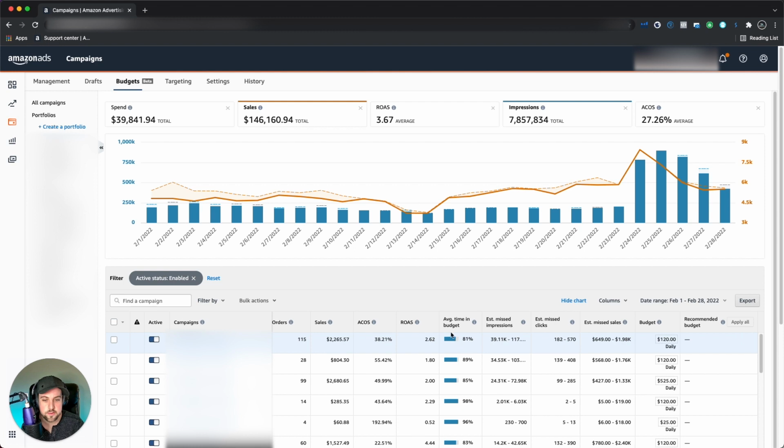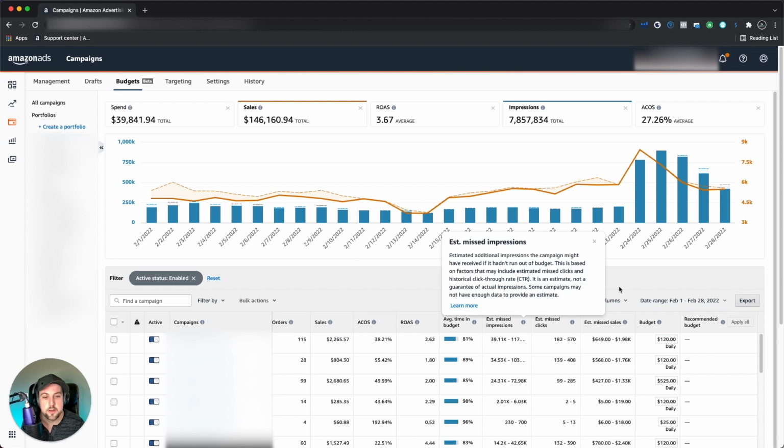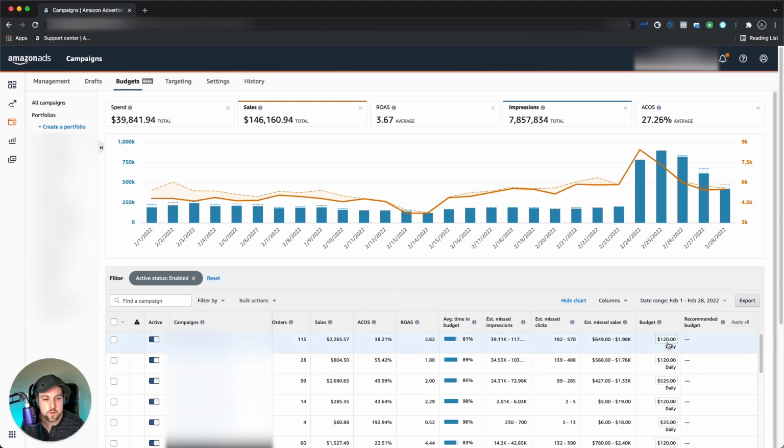So this is a very good example here. Essentially, it ran out of budget around 19% of the time, was in budget 81% of the time. In essence, because of that, there's an estimated missed impressions, meaning the number of people that would have seen the ad that didn't get to see it because of the daily budget of $120 in this particular example.